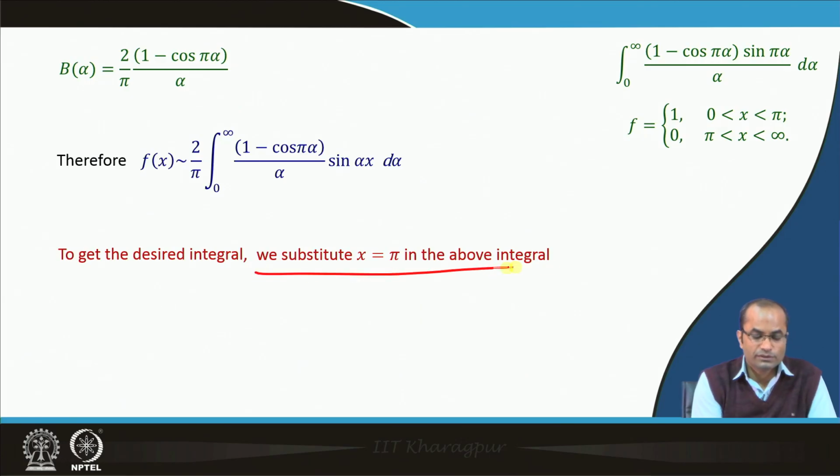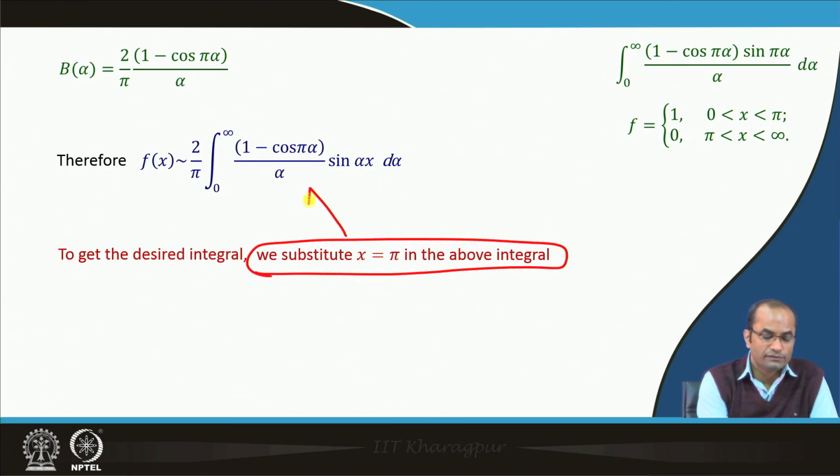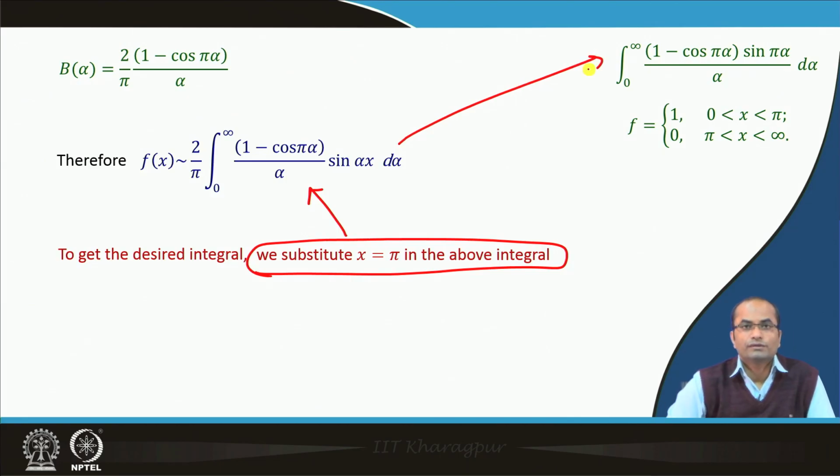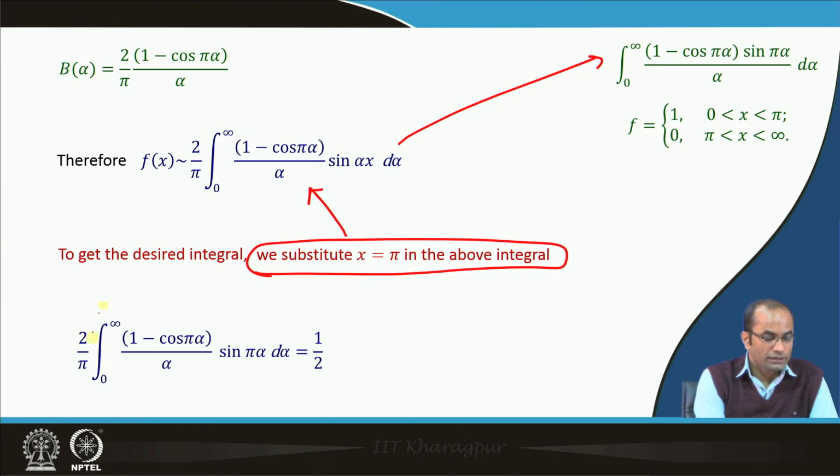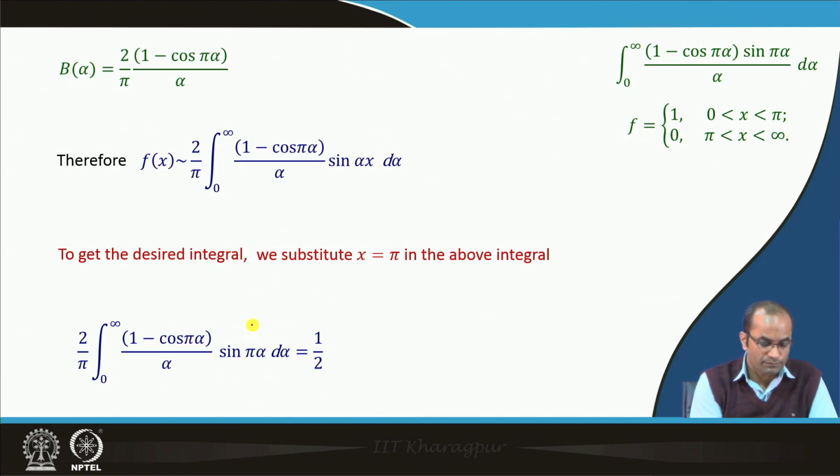If we substitute x equal to pi in this above integral, we will get exactly that integral which is the point of the question. So, here we have 2 over pi, 1 minus cos pi alpha over alpha, and sine, where x is replaced by pi.